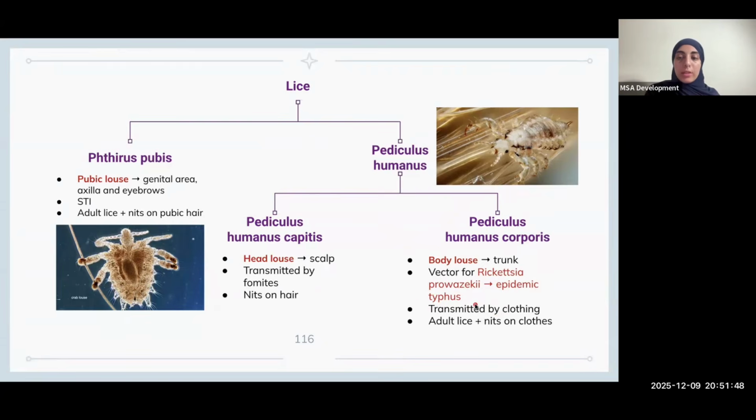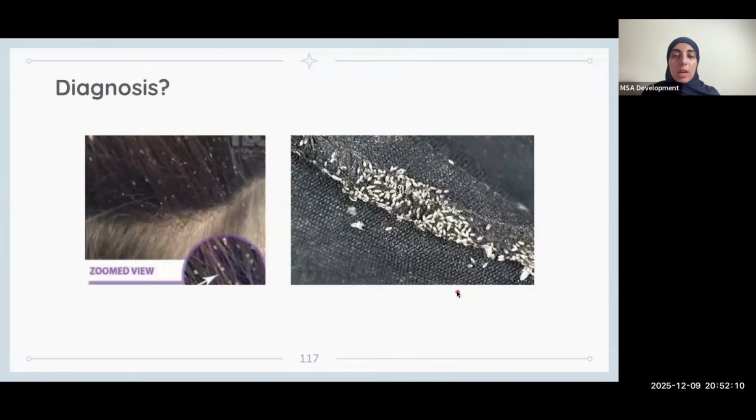So you don't really need to treat it. If they don't have epidemic typhus, they just have the body louse, and you discard their clothing, everything is on the clothes. Remember, they don't have anything on their body, okay? The egg, the adult, everything is on the clothes. So if you discard the clothing, they're fine. You treated them, okay? You only need to treat if they have an underlying Rickettsia prowazekii due to this infestation.